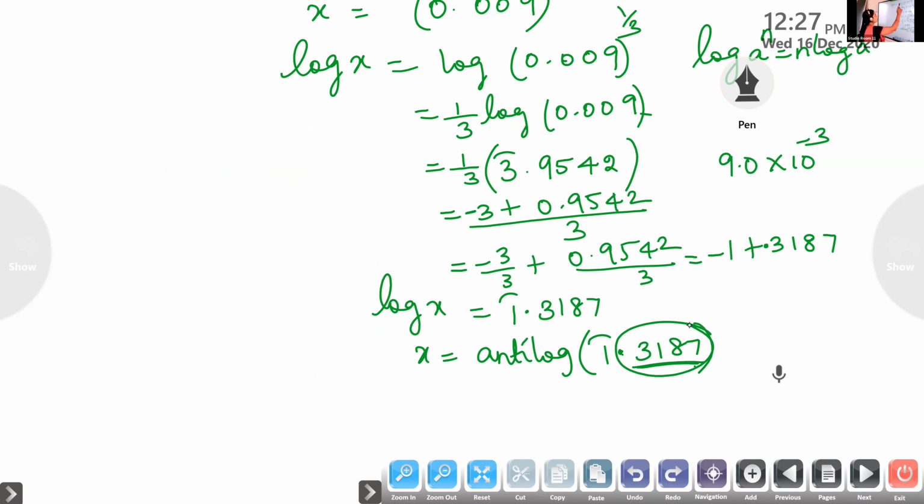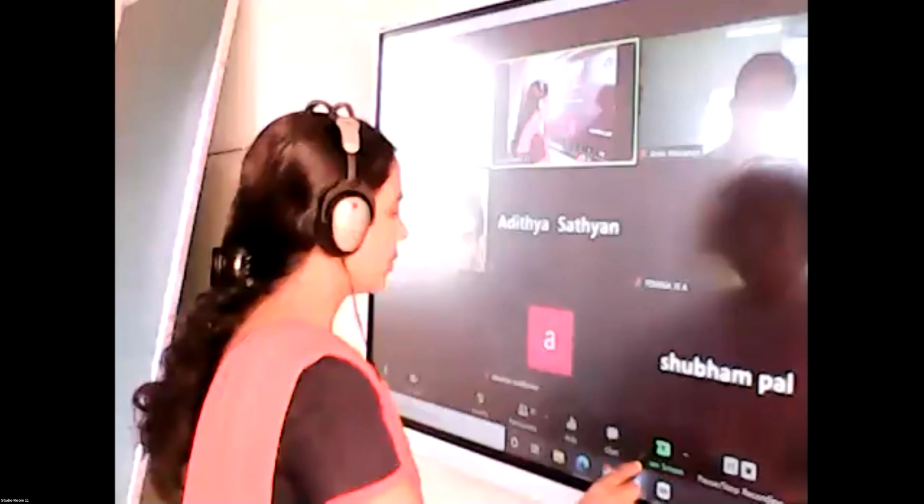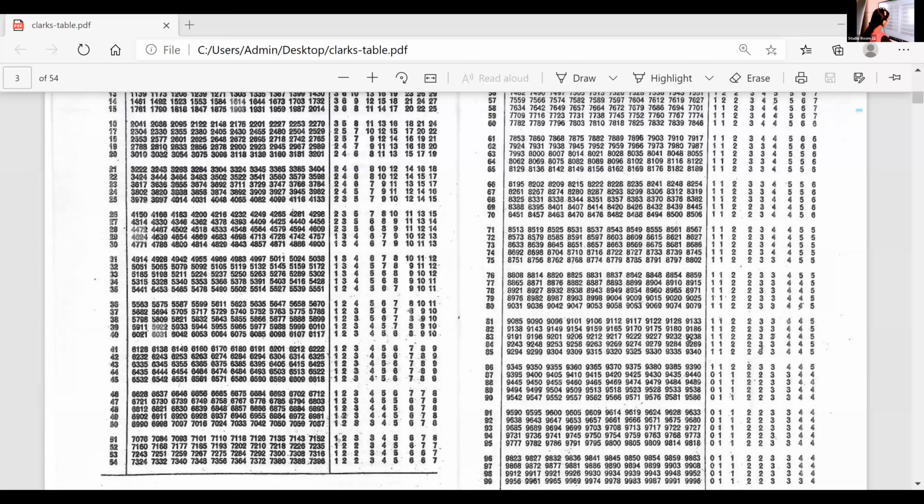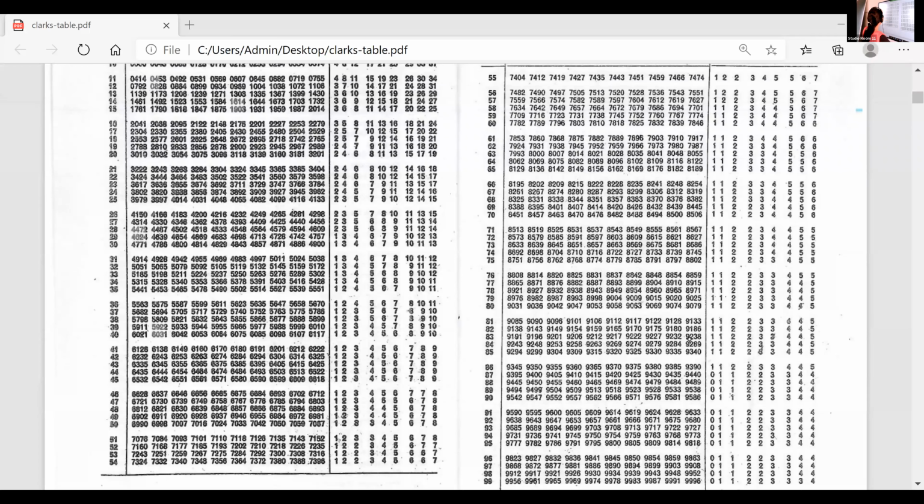Now use the antilog table, not the log table. Antilog of 3187.